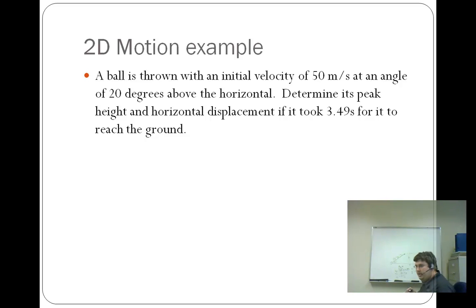I think my head might be getting in the way here, so I'm going to try to move over here. D is what I'm looking for. VI is 50 sine 20. T is 1.745 plus 1/2 negative 9.81 times 1.745 squared.